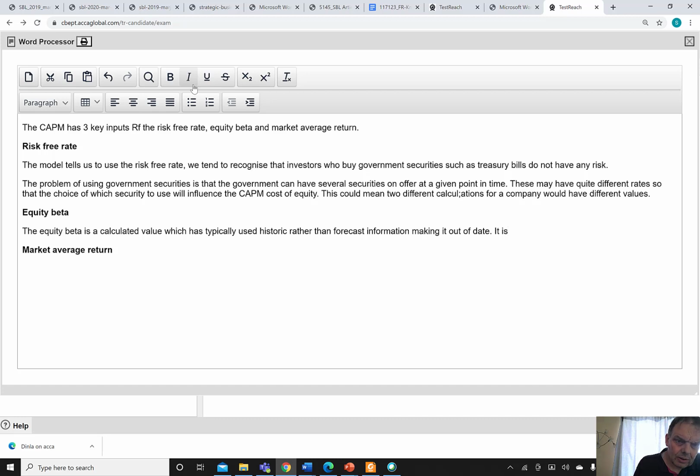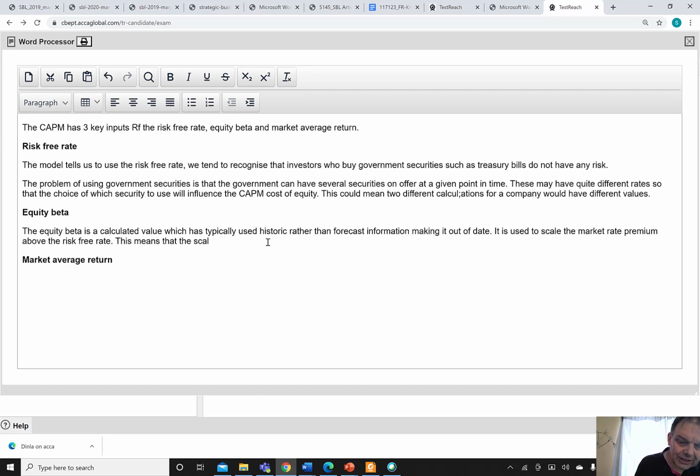It is used to scale up the market rate premium above the risk-free rate. This means that the scaling up, well, it isn't always scaling up actually, it is used to scale the market risk premium.